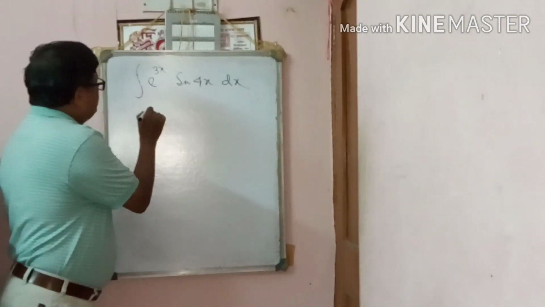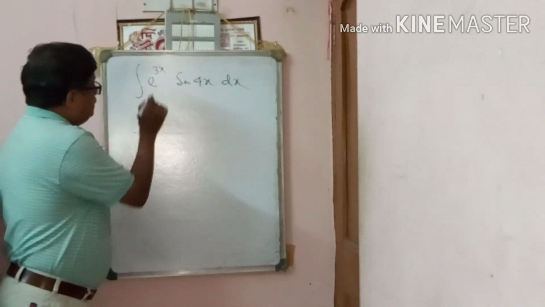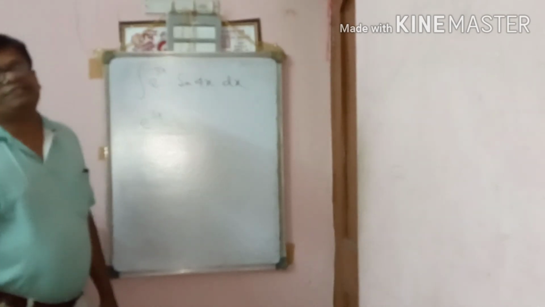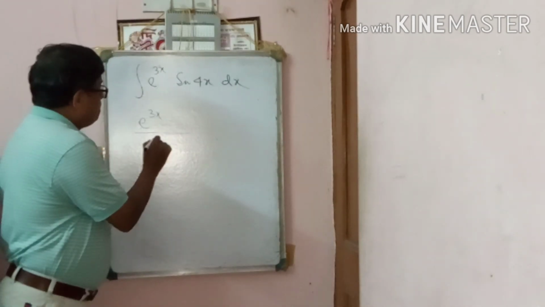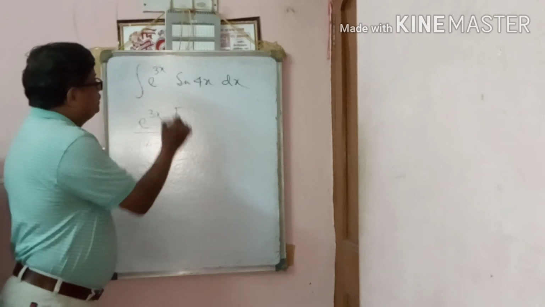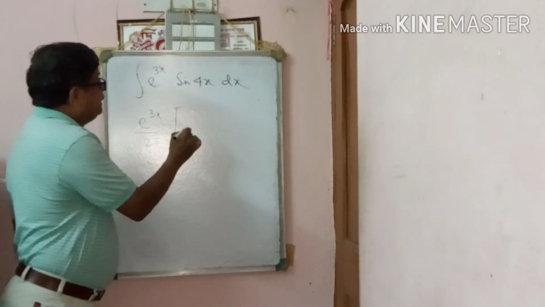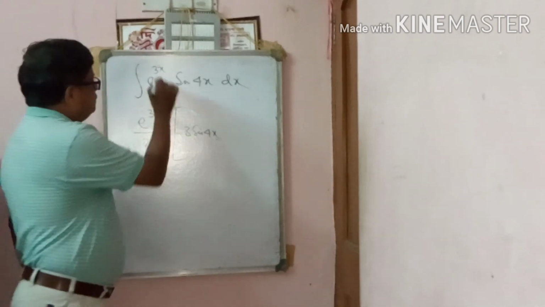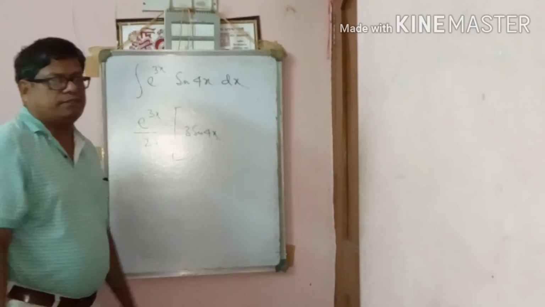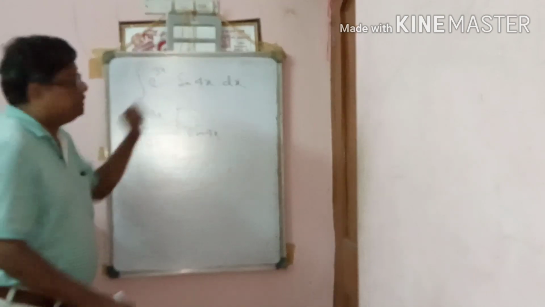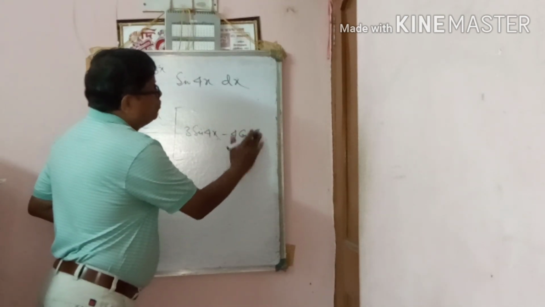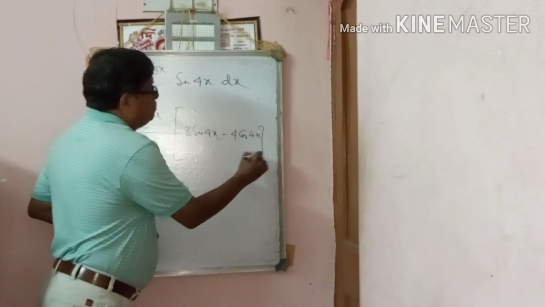So e to the power 3x, first, by 3 square 9, 4 square 16, 9 plus 16 is 25. Then 3 sin 4x, this 3 is the coefficient, and this is the original function given. Whose derivative is it? 4 is there, so minus 4 cos 4x plus c.